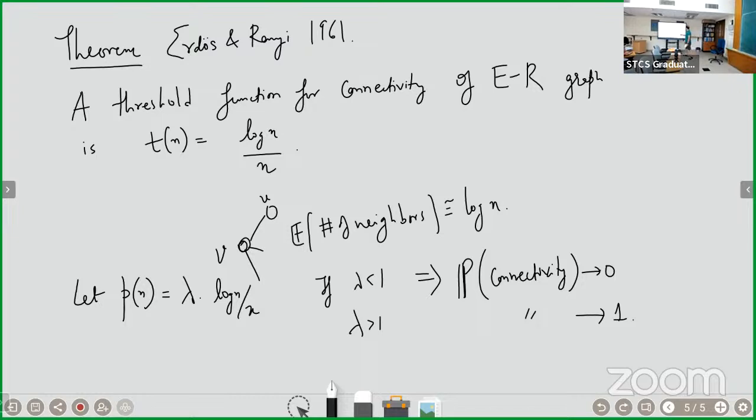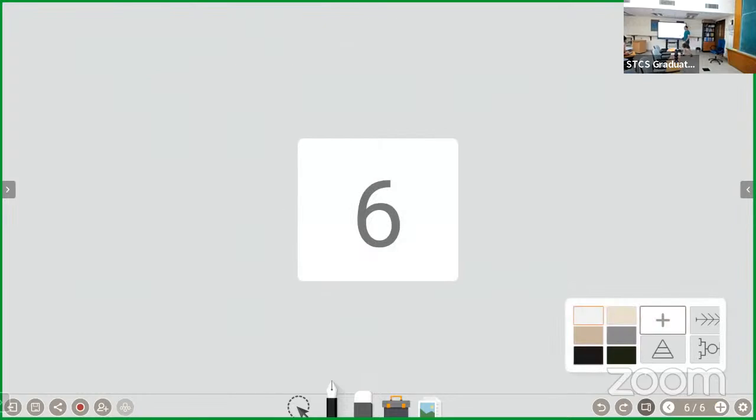Okay, to show that there is no connectivity, it is sufficient to show that there is at least one isolated node. Isolated node means it's not connected to anybody. An isolated node will definitely mean that there is no connectivity. So that's the probability we'll try to count.